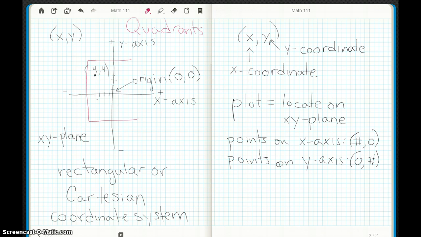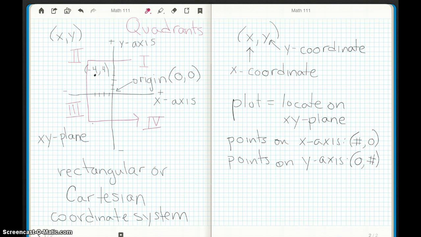I would move around that way, right? And that's the order we label them in. We start here in this upper right quadrant, and we label that as quadrant 1. We move this direction, and we label this as quadrant 2. We move down and label this as quadrant 3. And we move right, and we label this as quadrant 4.